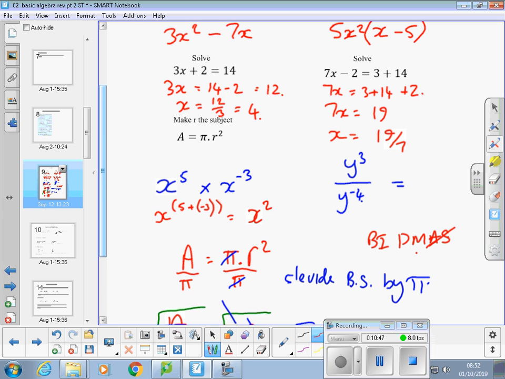And if you're doing division with indices, what's the answer to this one? Yeah, that's y to the 3 minus 4, which is y to the 7, because the two negatives are plus.